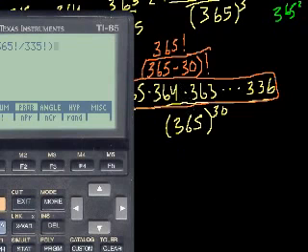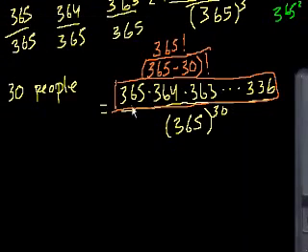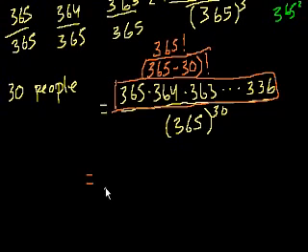And now we want to divide the numerator by 365 to the 30th power. Let the calculator think. And we get 0.2936. It keeps going, 37 if you round it, which is equal to 29.37%.